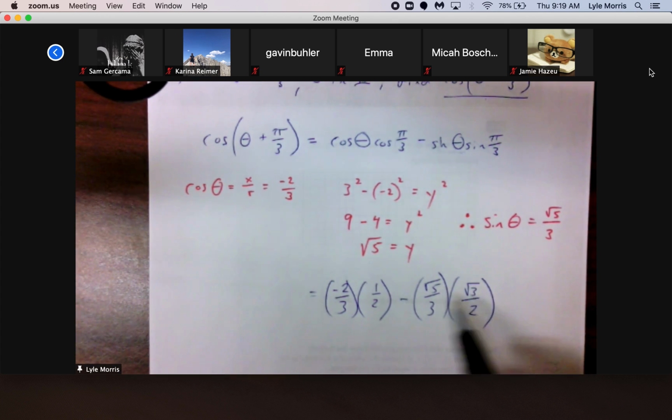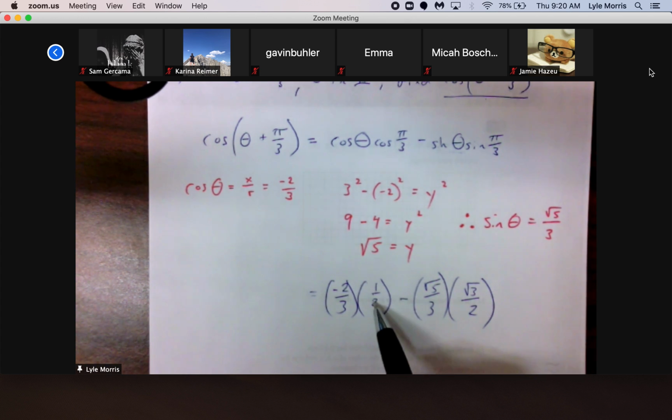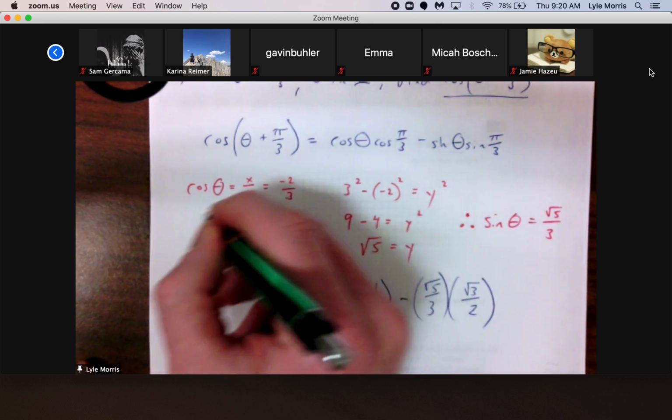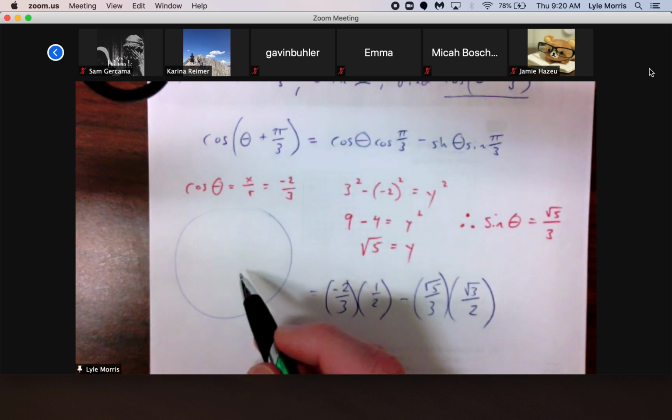Can you guys see how I'm doing this stuff in my head, like cos of pi over 3 and sine of pi over 3? Do you need a little visual? Okay, so if this is a unit circle, pretend that's a perfect circle.